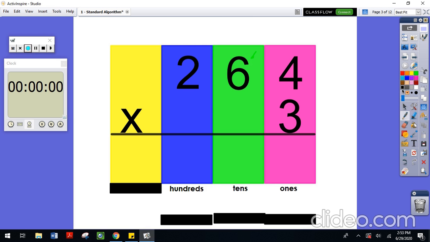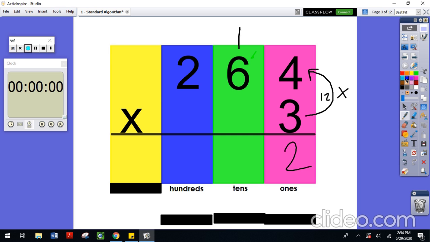When we go to multiply, we are going to start by looking at the ones place, and we're going to take 3 and multiply it by 4. Now, I know that 3 times 4 is 12. So that 2 goes on the bottom, the 1 goes atop the tens place.